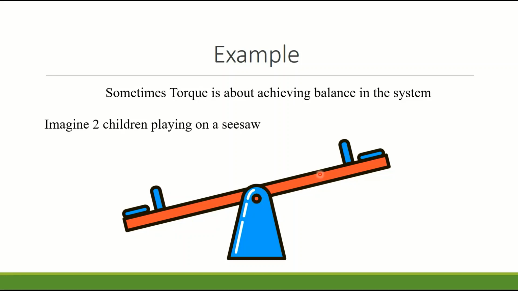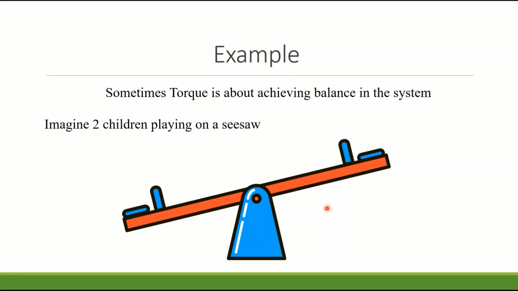Imagine two children playing on a seesaw. If both of them have the same weight, the seesaw will stay balanced. But if one of them is heavier than the other one, to balance the seesaw, the heavier one should move closer to the center, while the other one should stay farther away from the center, so that they both create the same torque and stay balanced.